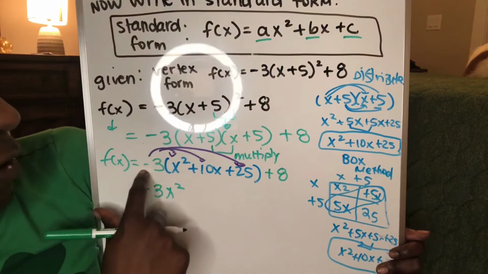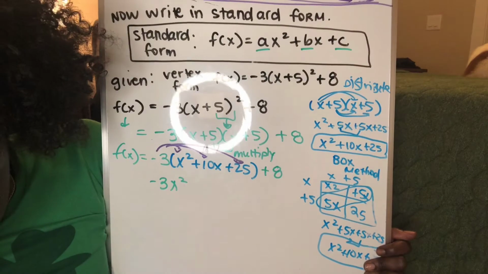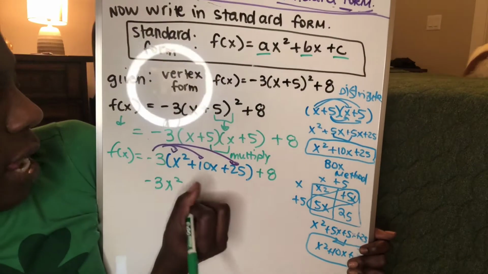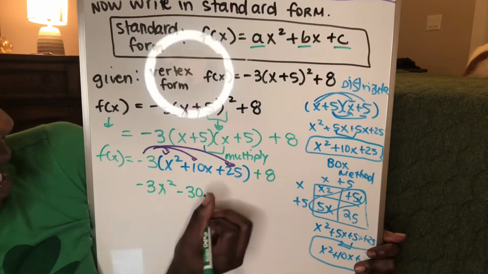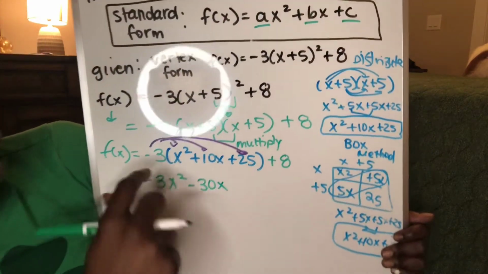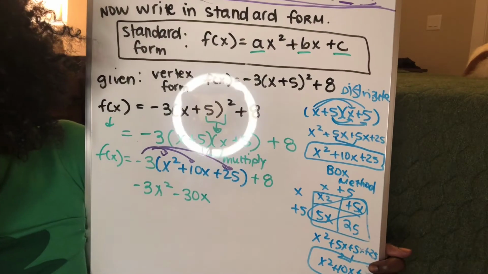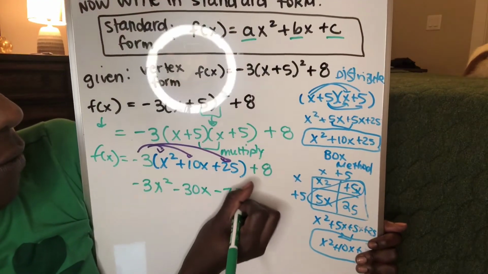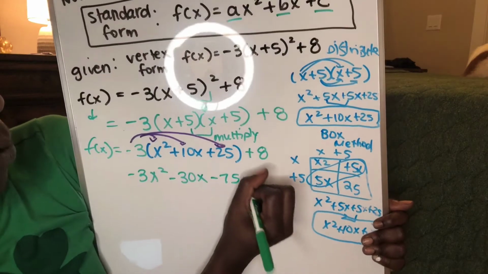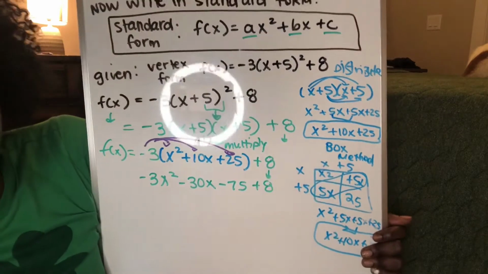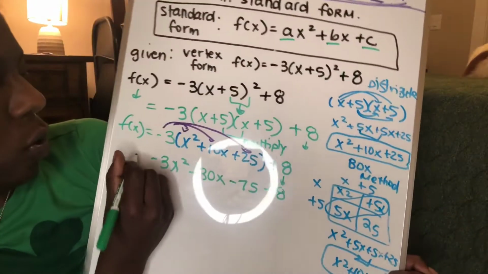I have negative 3 times 10x, that's going to be negative 30x. Don't forget your x. And then I have negative 3 times 25, and that is negative 75. And again, bring down your plus 8.